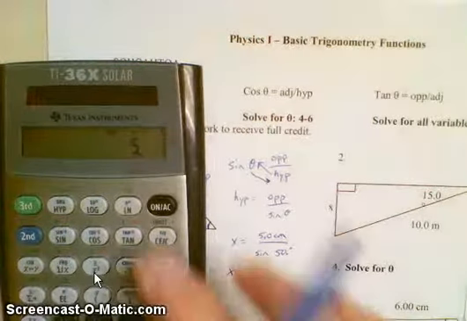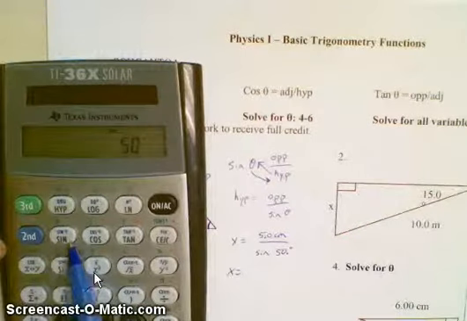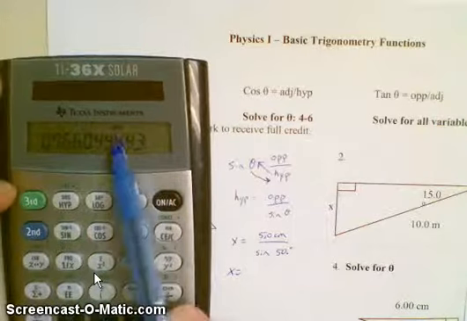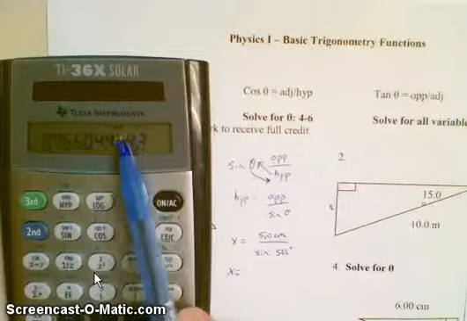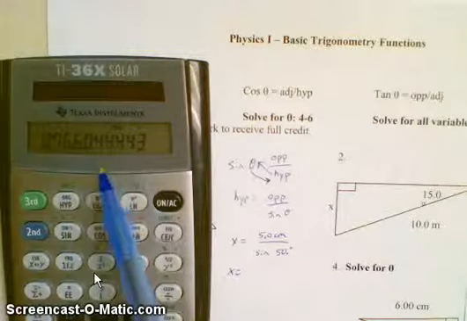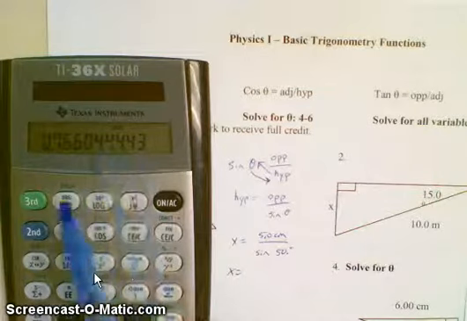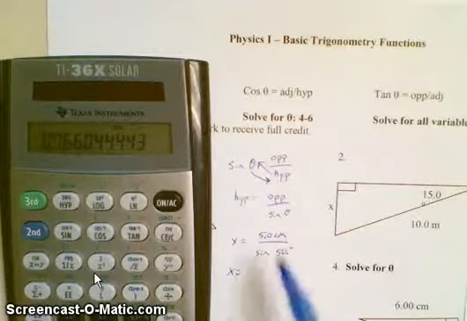So I already hit 5 divided by, I'm going to type in 50 and then hit the sine button, which is right here. When it does that, it takes the sine of 50. Make sure that your calculator is in degree mode. If you have a graphing calculator, it defaults to radians, so you have to change that over. Click the mode button and then scroll down and you'll see radians and degrees for your angle measurement. Make sure it's degrees. So this is the sine of 50, and when I hit equals, it's going to finish the operation of the 5 divided by that.